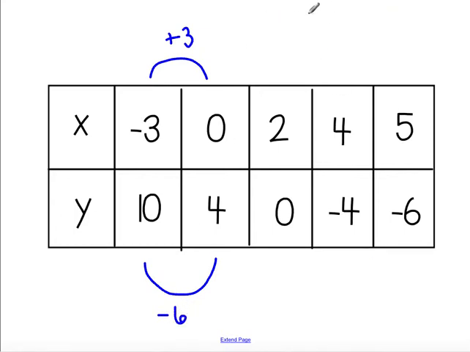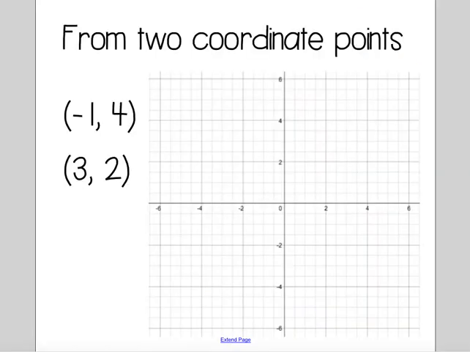So our change in y is negative 6, and our change in x is 3. So our slope is negative 2. Okay, so that's our third way.